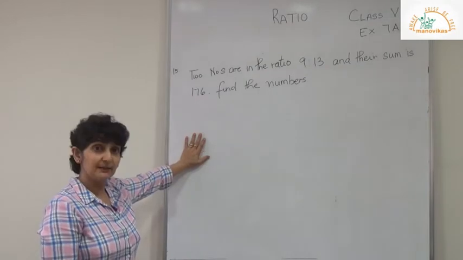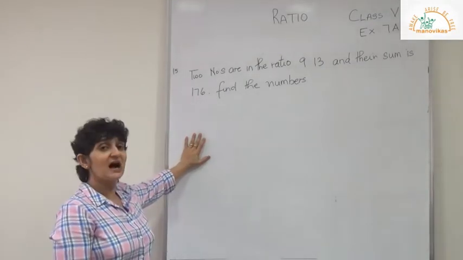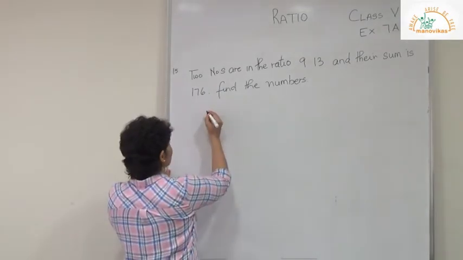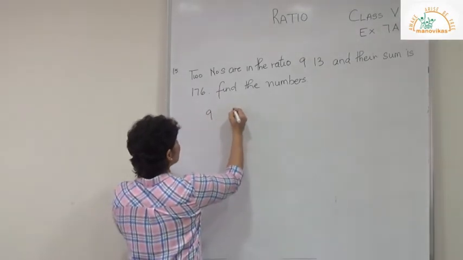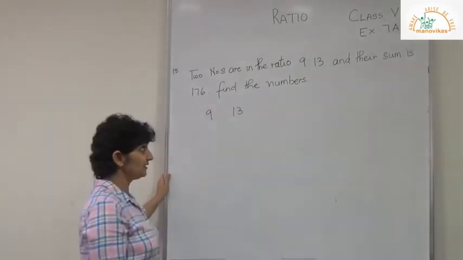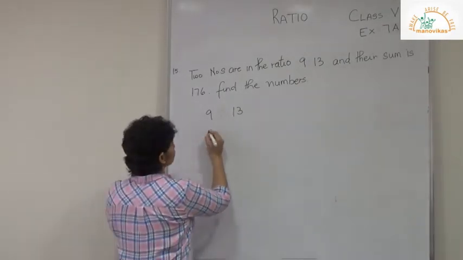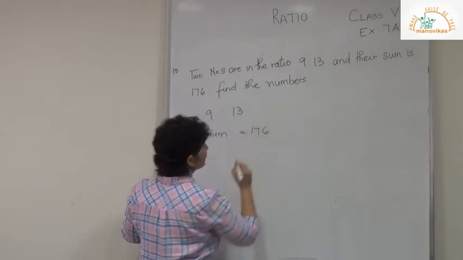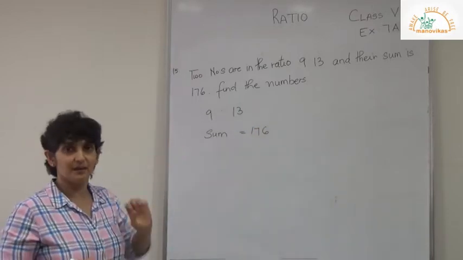Alright, your 15th sum. Two numbers are in the ratio 9:13 and their sum is equal to 176. Find the numbers.